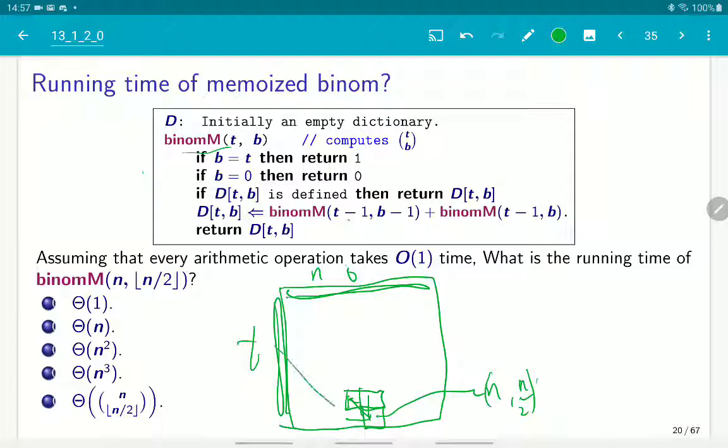Essentially, you're going to get this whole area being computed, where every cell asks for the values of the two cells next to it. So you're filling essentially this portion of the matrix.